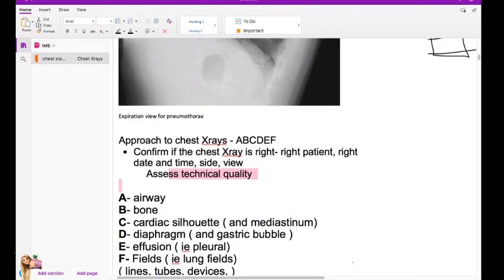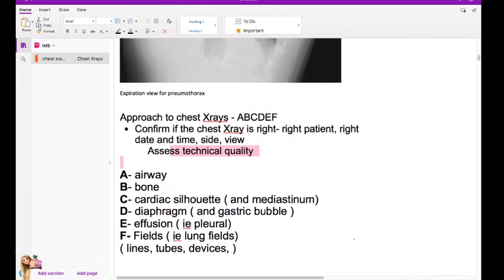Then we go through this ABCDEF to see if there's any pathology in any of these areas. A is airway: we look at the trachea and the two bronchi. B is bones, which is the ribs, the clavicle, spine.